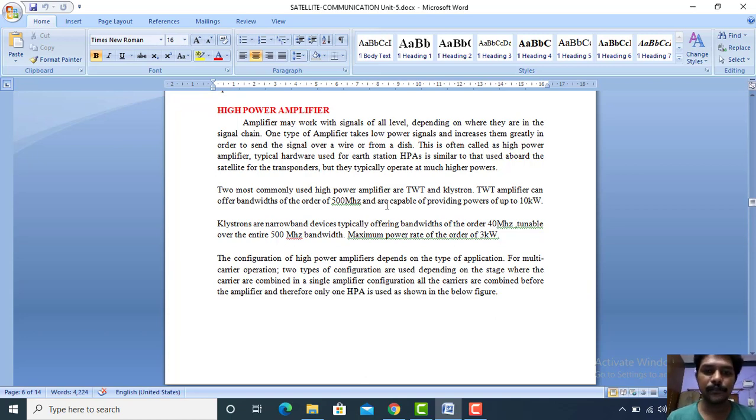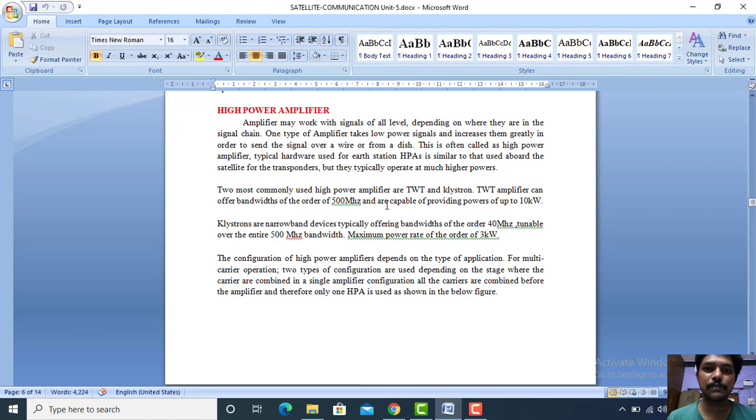So definitely we have to use high power amplifiers near the earth station, where they convert the signal to larger amplitude values and it is transmitted.